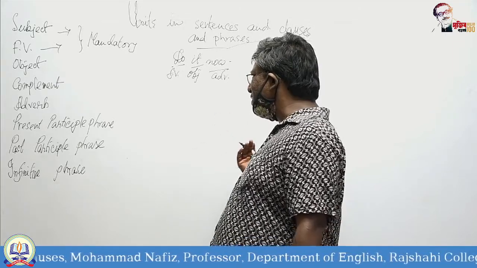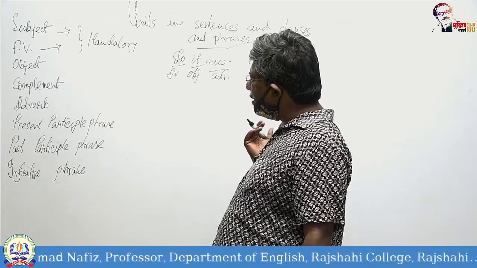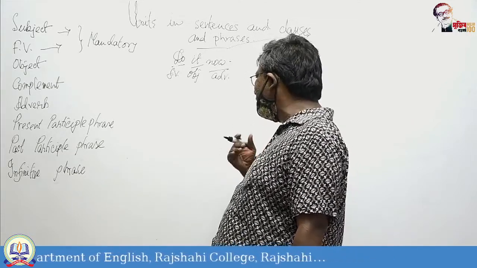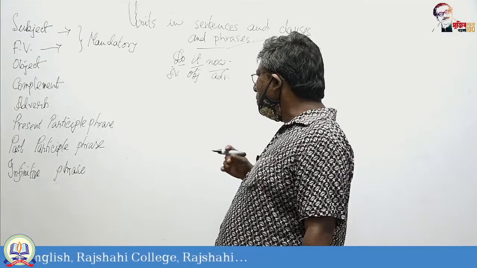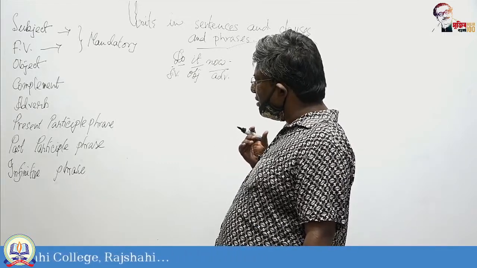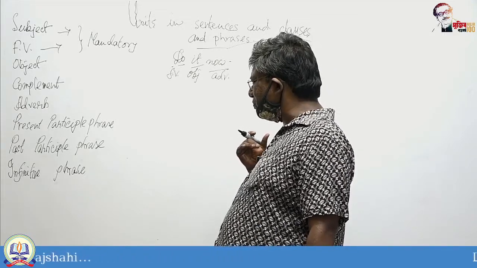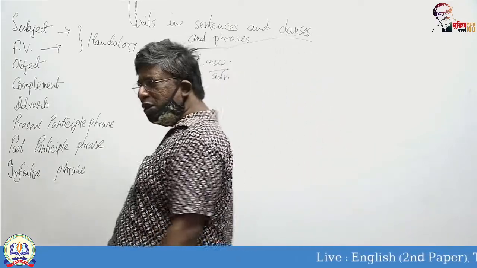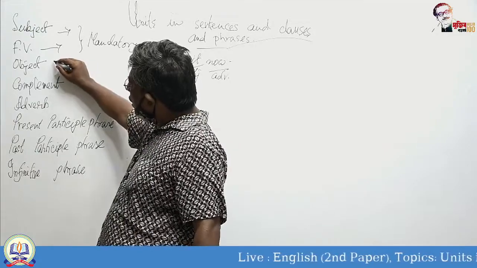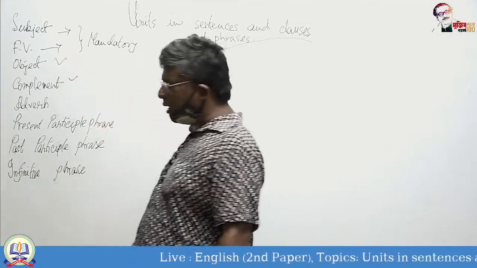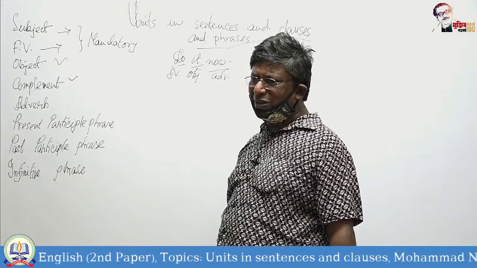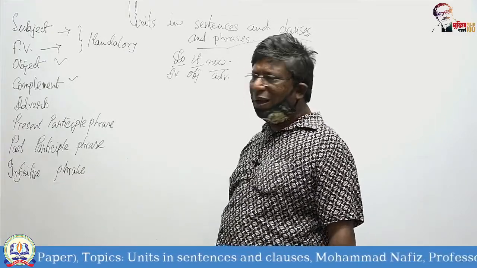In certain sentences, you may get object and adverb, you may get complement and adverb, and along with them, you may get the additional units like present participle phrase, past participle phrase, and infinitive phrase. But always bear in mind that both an object and a complement cannot be used within a single clause.